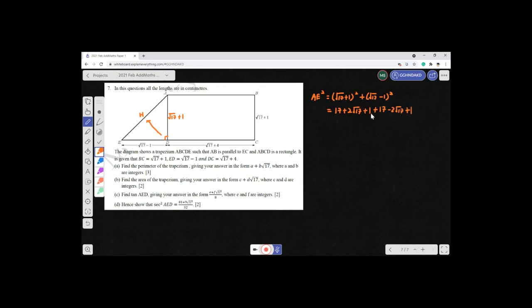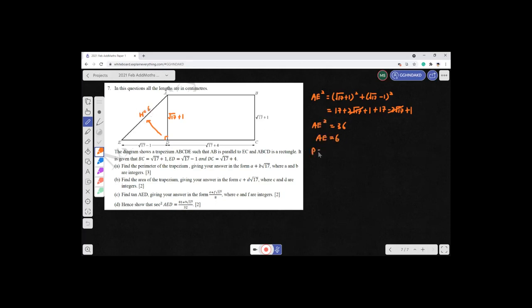You expand these two: the 2 root 17 and minus 2 root 17 are gone. 17 plus 17 plus 1 plus 1, you will get 36. So AE squared is 36, AE is 6. So this side is 6.